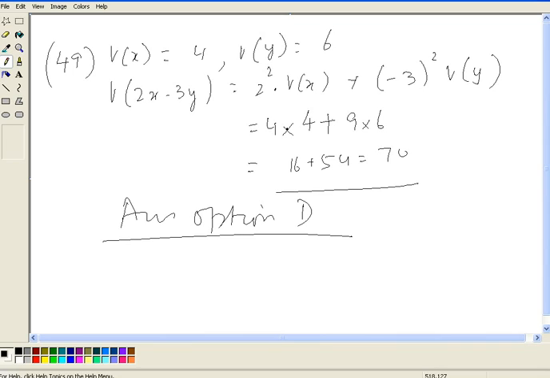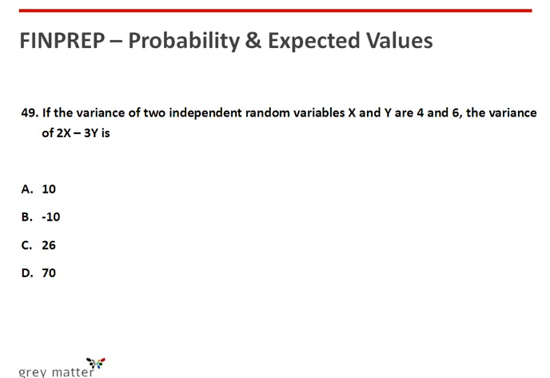Now substitute the respective values of variance of x and variance of y. We get 4 into 4 plus 9 into 6, which is 16 plus 54 equal to 70. So the answer is option D. Going to our PowerPoint presentation, it is option D, which is 70.